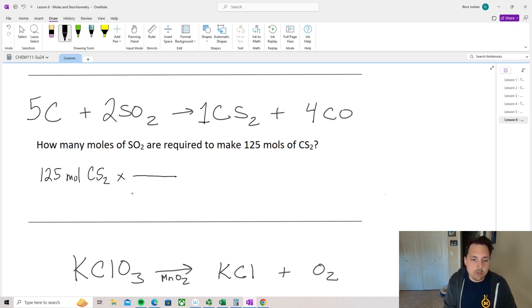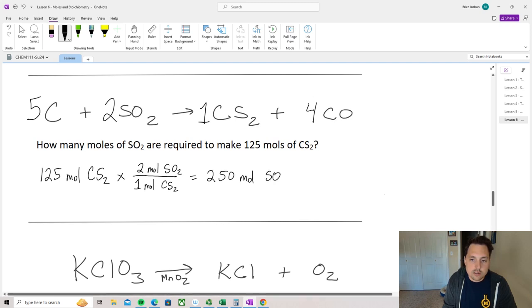So there's a hidden 1 there. So 1 mole of CS2, carbon disulfide. And we can get 2 moles of sulfur dioxide. So we need 250 moles of sulfur dioxide for this reaction to occur.